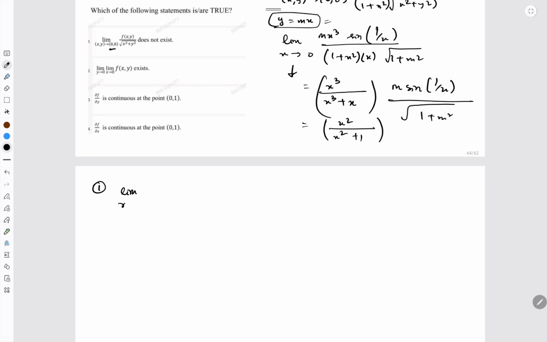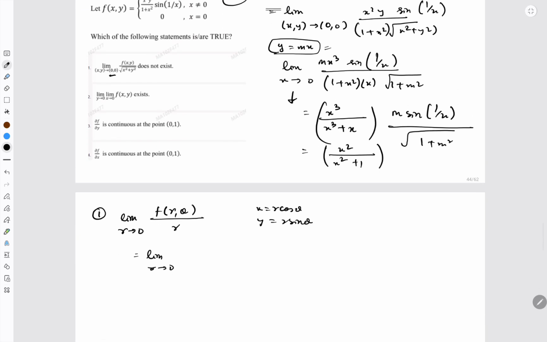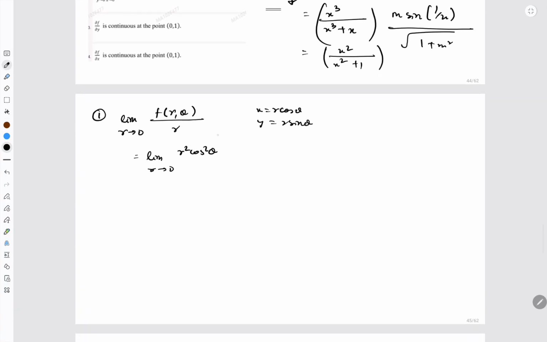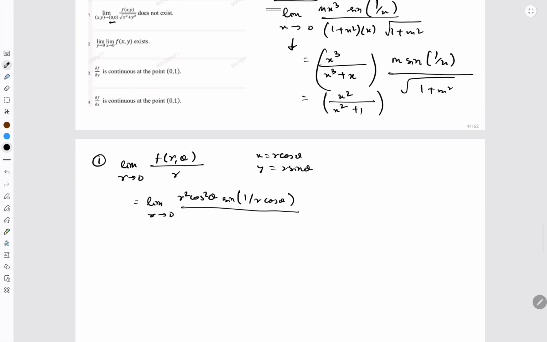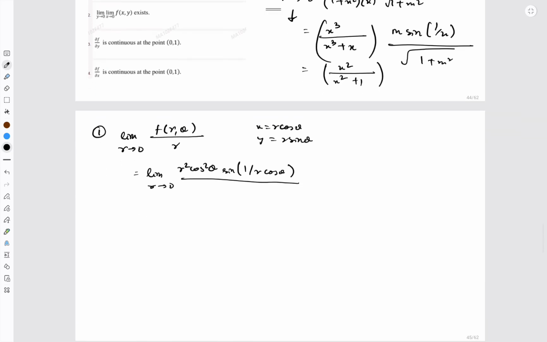So for polar coordinates, it will be the limit of f of r comma theta, x is r cos theta and y is r sin theta. So the denominator is basically the square root of r square, that is r. So limit r tends to 0, put r cos theta in place of x, so r square cos square theta sine 1 by r cos theta divided by 1 plus, okay, there is a y as well, so r sin theta is also there.